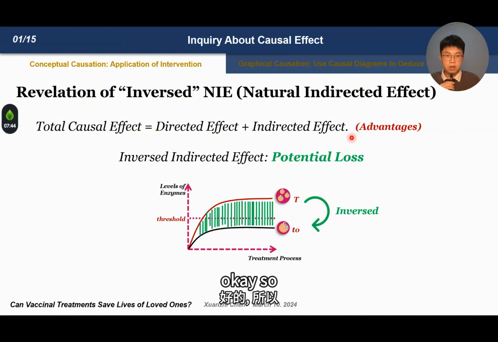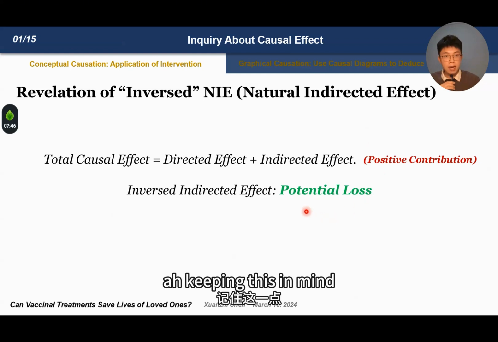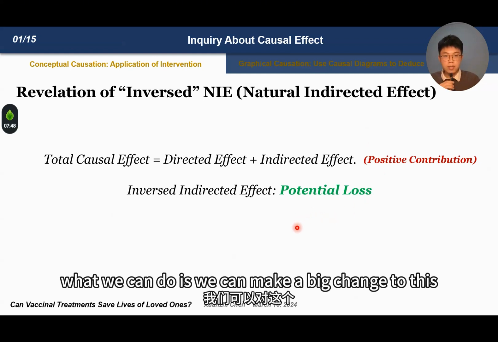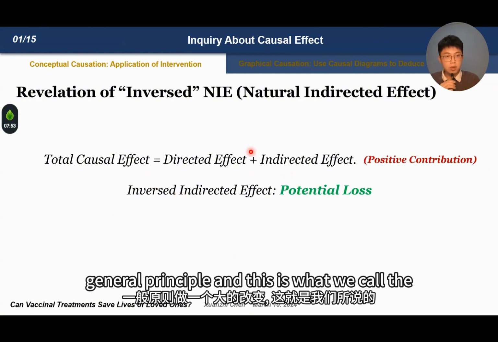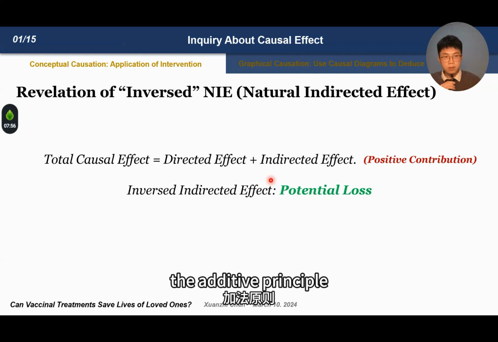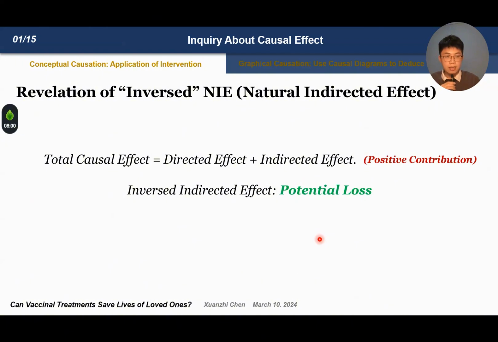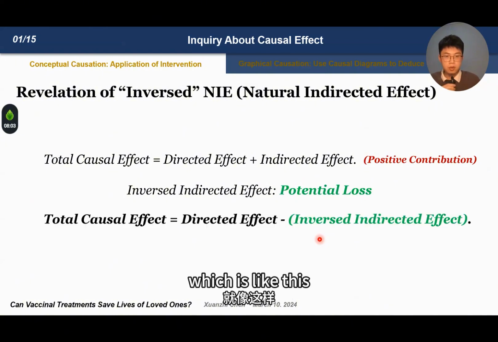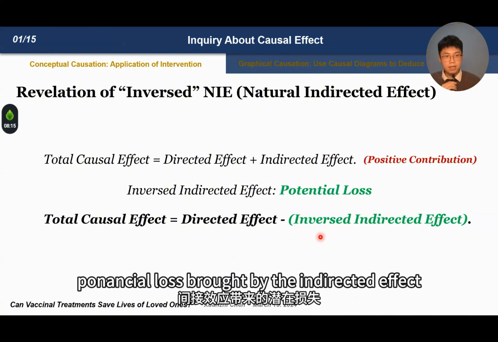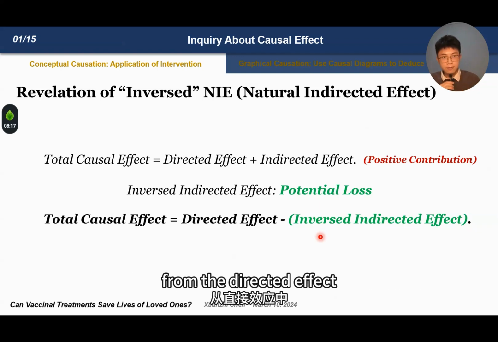Okay, so keeping this in mind, what we can do is we can make a big change to this general principle. This is what we call the additive principle of the calculation of total causative effect. Instead, we have a subtraction version, which is like this. You see, instead of plus an indirect effect, we subtract the potential loss brought by the indirect effects from the direct effect.